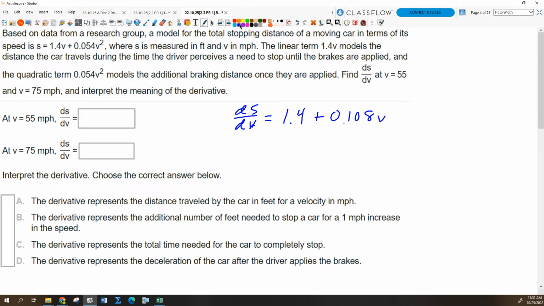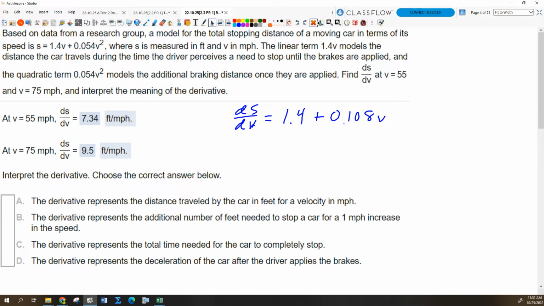And I could evaluate that at 55, and I get that answer. If I evaluate that at 75, I get that answer.